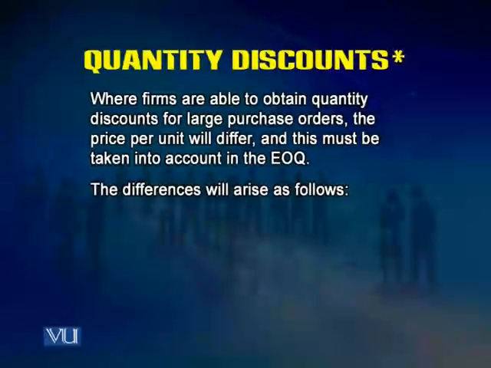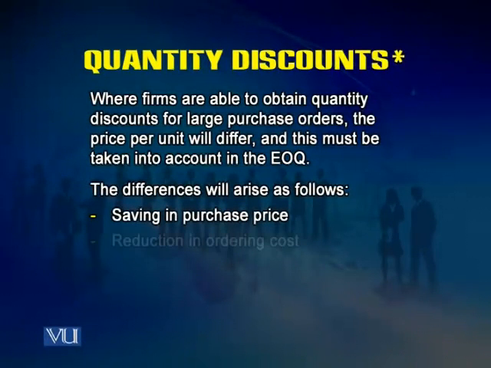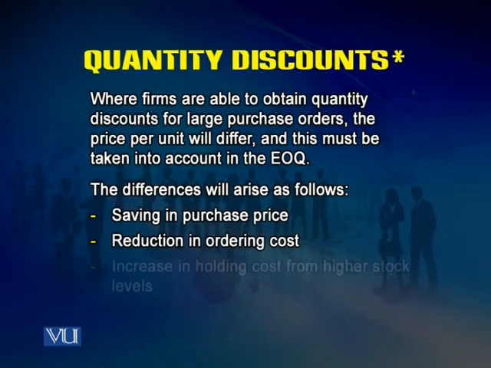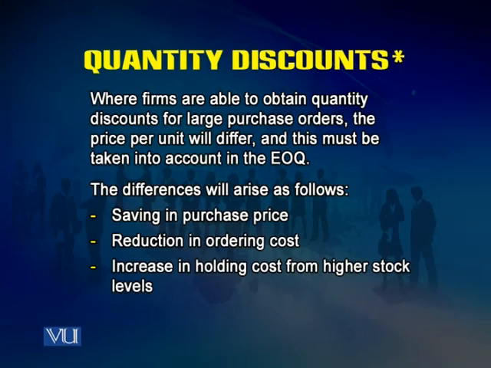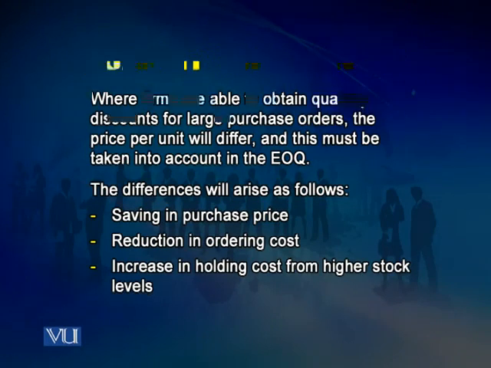The differences will arise as follows: saving in purchase price, reduction in ordering cost, increase in holding cost from high stock levels. If we are going to increase the size of our order, then what will be the difference that will arise because of the discount?